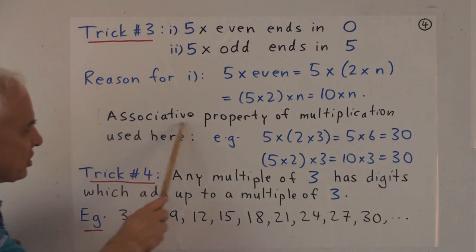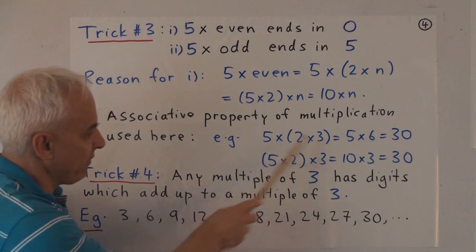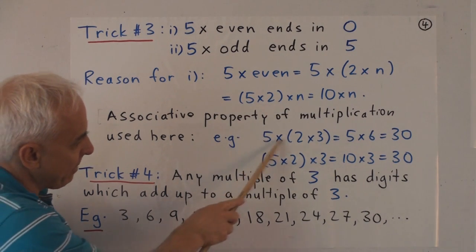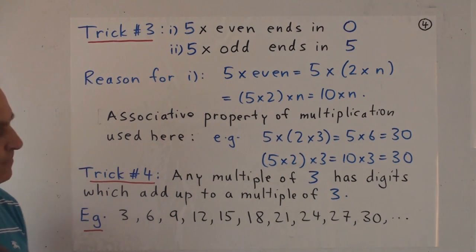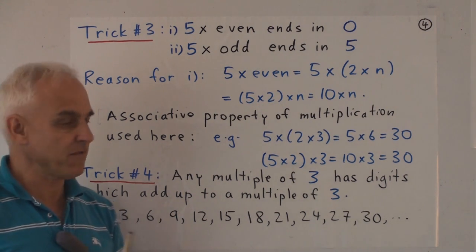So we're using this associative property of multiplication, which, we'll see, is a very important law or pattern or rule that multiplication satisfies. And here's just another example of it, 5 times 2 times 3. When you have 3 numbers multiplying together, you have a choice as to what 2 numbers you're going to multiply together first.